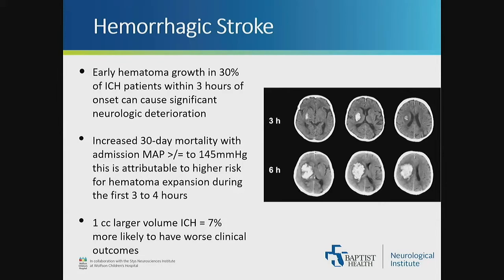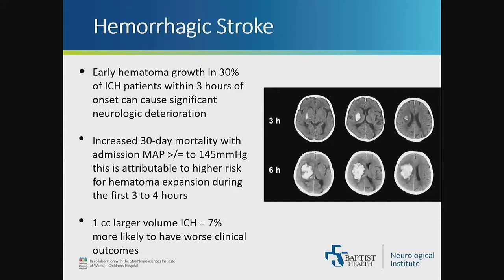There is increased 30-day mortality with admission MAPs greater than 145, attributable to the higher risk of hemorrhagic expansion during the first 3 to 4 hours. Even 1 cc larger of a stroke has a 7% increase in worse clinical outcomes. So avoiding that hemorrhagic transformation is key in these patients.